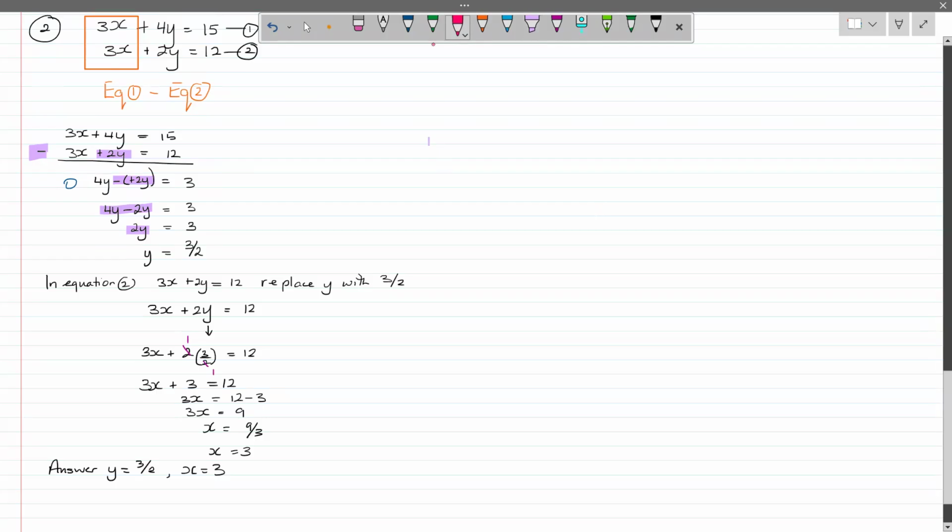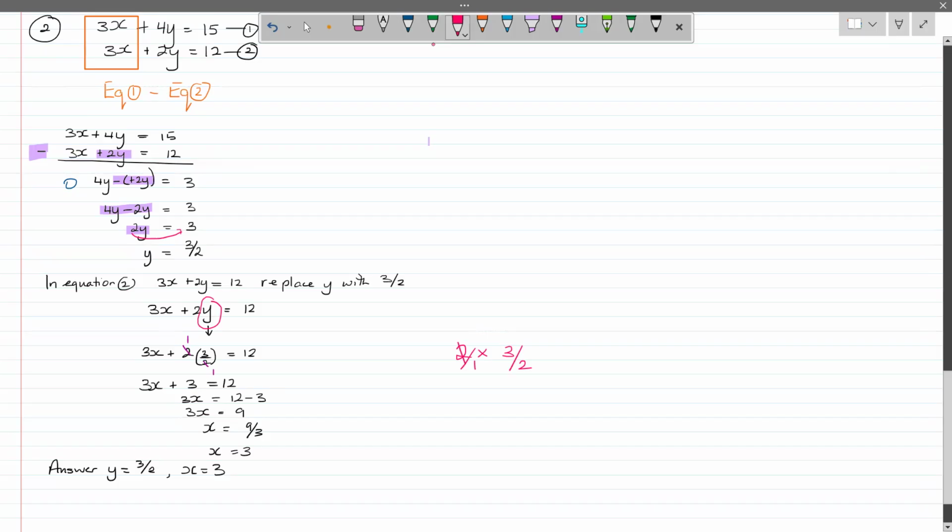Now, when I move this 2 across here, I'm getting 3 over 2. Now, that's okay, right? I know you all really like to look at fractions, but look at what will happen. In equation 2, which is 3x plus 2y is equal to 12, I replace this y with 3 over 2. If I have 2, and I multiply that by 3 over 2, we can look at this 2 as 2 over 1.